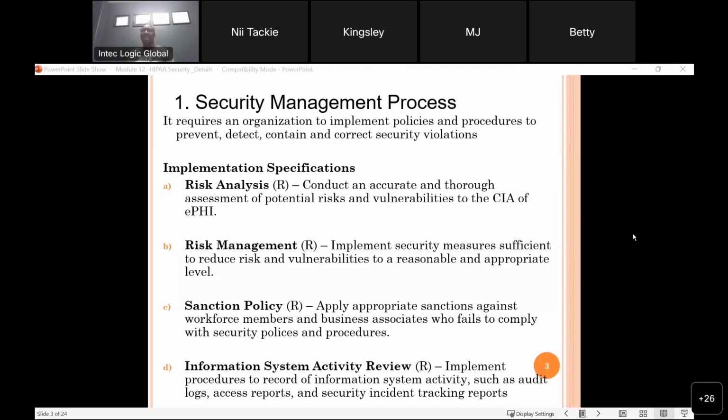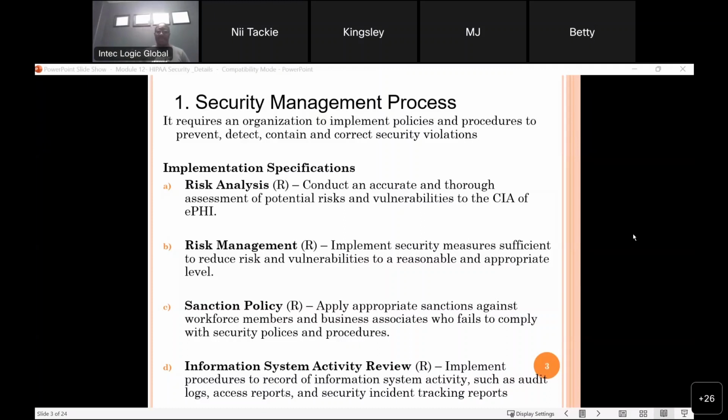You heard that a celebrity had come to the hospital, and out of your curiosity, you log into the system and check the record of that celebrity. Meanwhile, that person has not been assigned to you to work on. You're in trouble. That could be the end of you, losing your license, right? So there needs to be a process to apply sanctions to people who do not comply with the law or the policies and procedures.